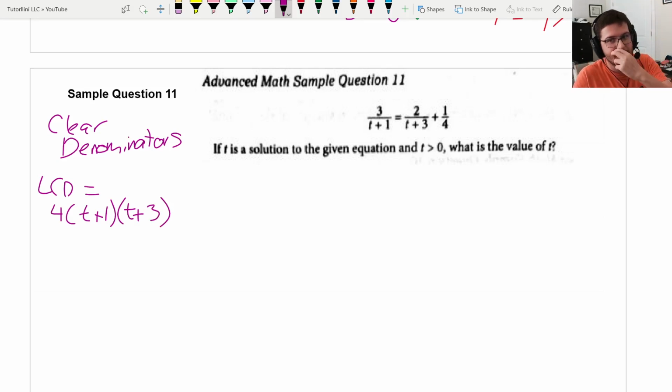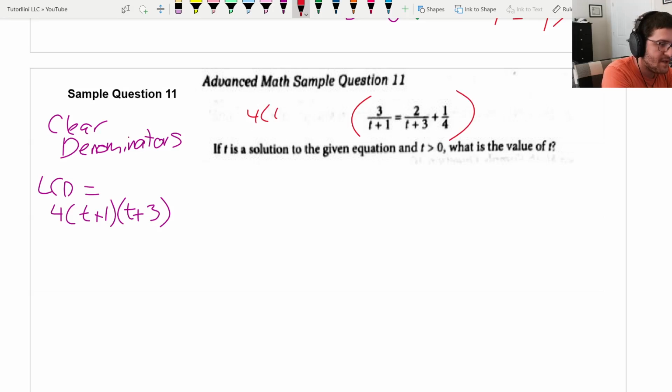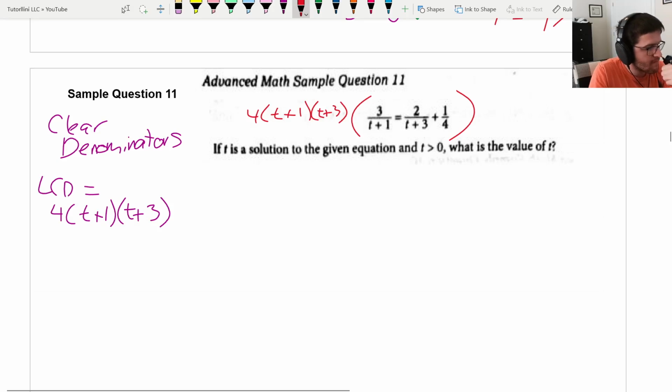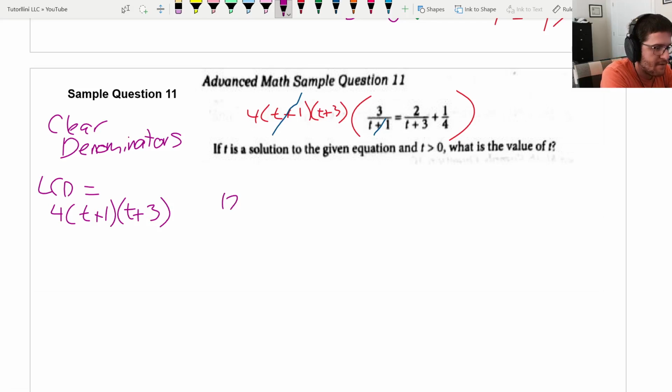So once you get that LCD, we're going to multiply both sides of the equation by that LCD. So I'm going to multiply the whole thing by 4 times t plus 1 times t plus 3. Okay, so you see for the first part, the t plus 1 goes away, and we're left with 4 times 3, which is 12 times t plus 3.